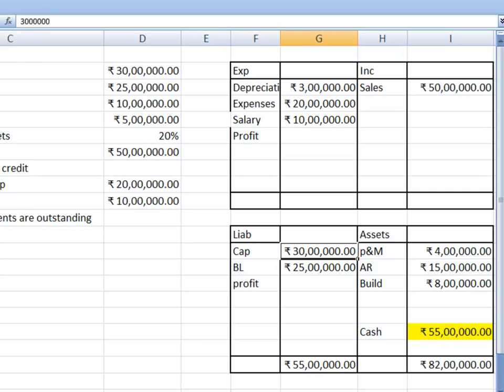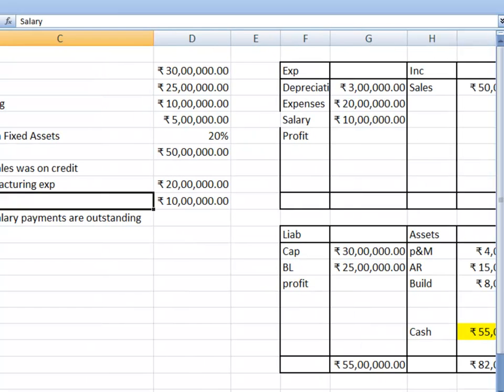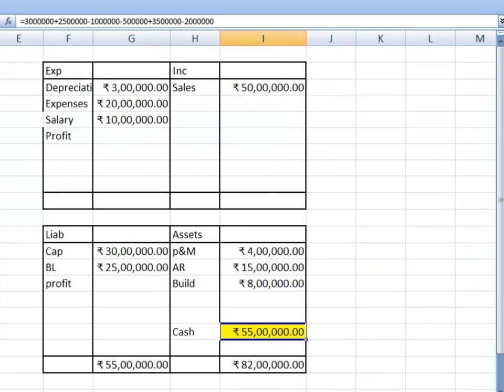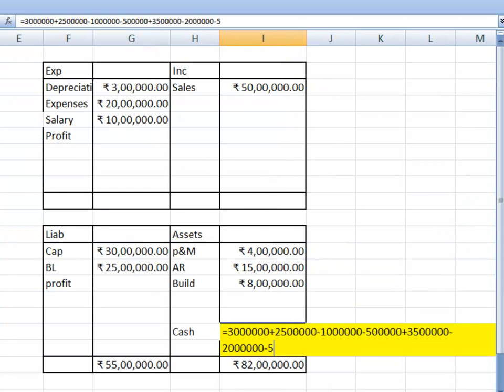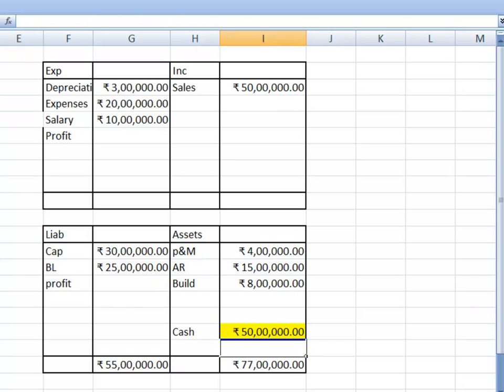My cash will reduce by only half of the amount. Though entire salary is expense, cash will reduce by only 5 lakhs. So we'll say minus 5, and the remaining 5 would be shown as accounts payable, or rather we will call them as outstanding salary of 5 lakhs.